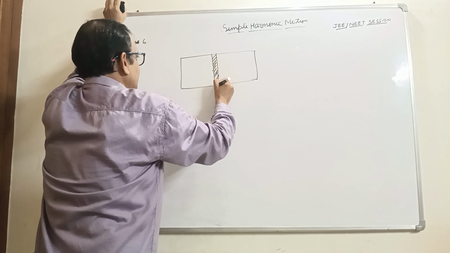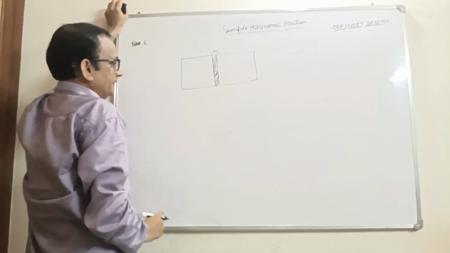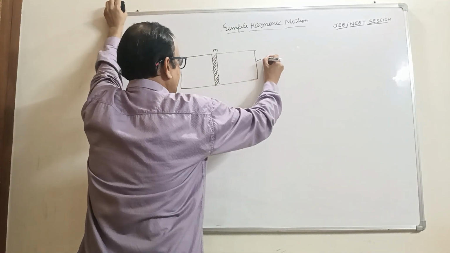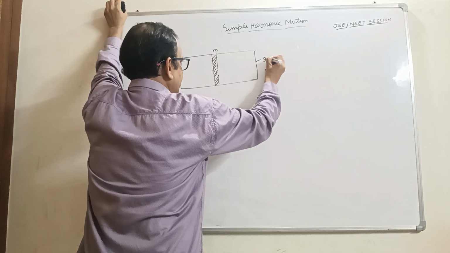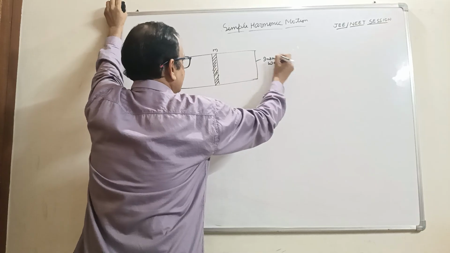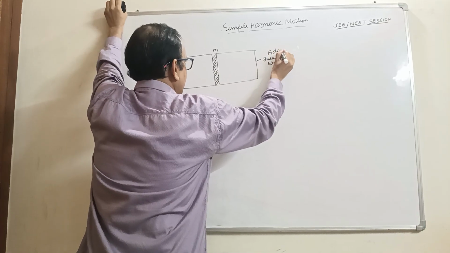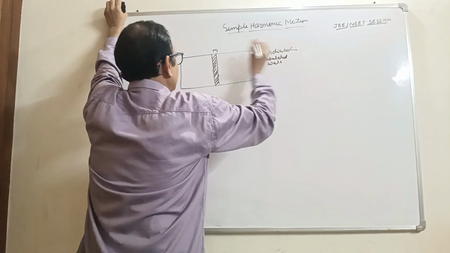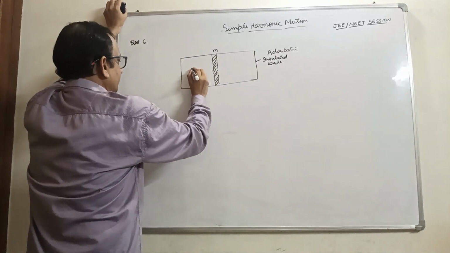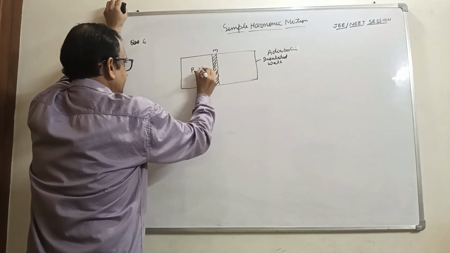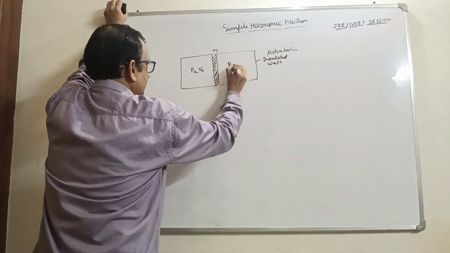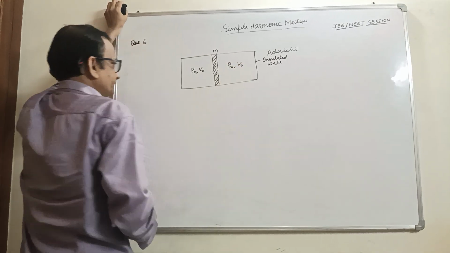This is a diathermic piston, this is an insulated valve, or say adiabatic valve, and an adiabatic piston is here. We are given the initial pressure and initial volume of the gas inside the chamber as P naught V naught, and this is also P naught V naught.